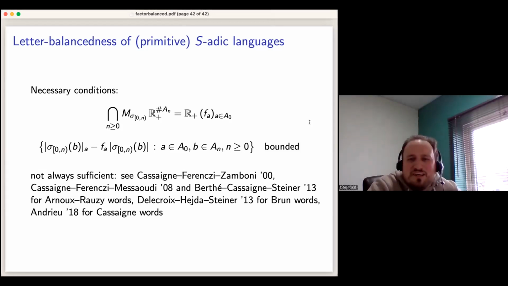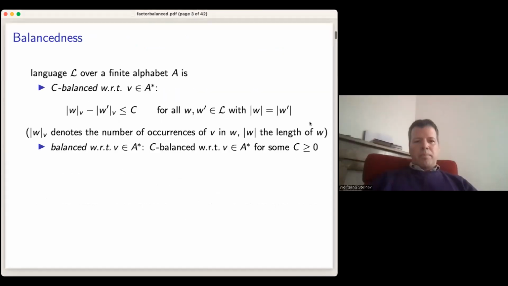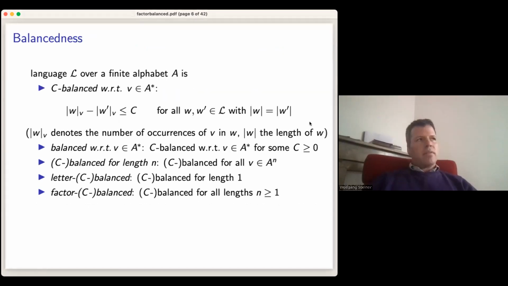Yeah. Hi, Wolfgang and Leo. Very nice talk. Thank you. I was wondering, of all these different notions of balancedness, which of them are preserved under topological conjugacy? Because I guess not all of them are, right? I have not thought about this.